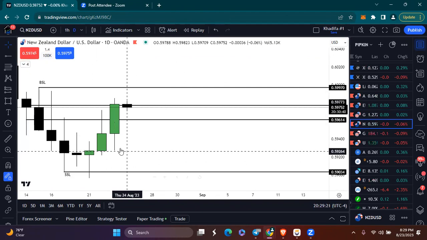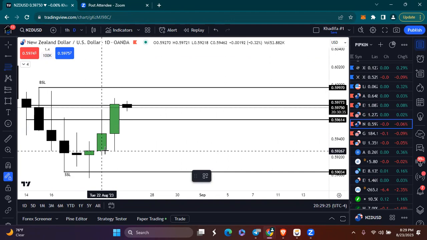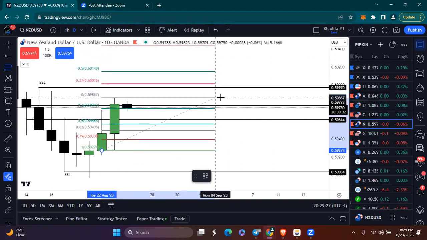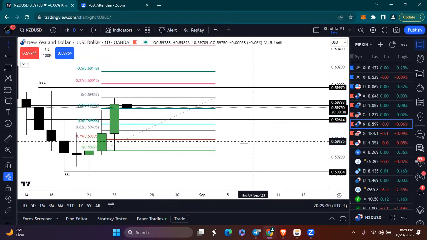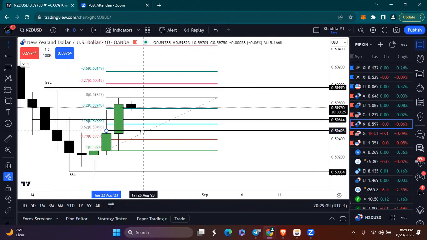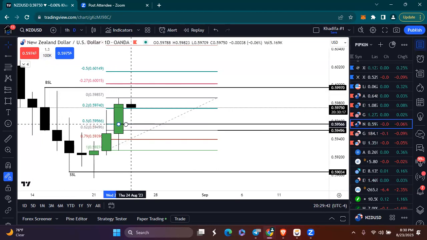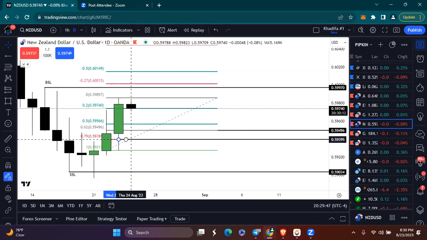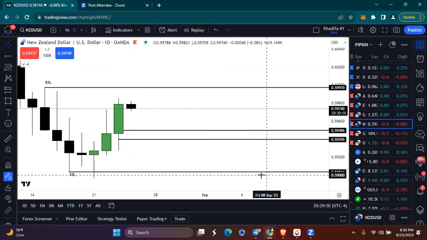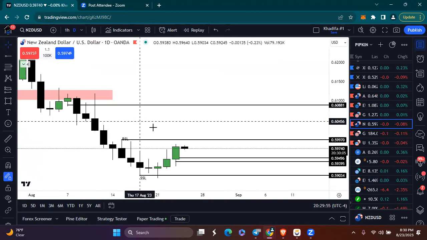If we go down to the daily time frame, we'll probably see price pull down into this PD array from today, right?